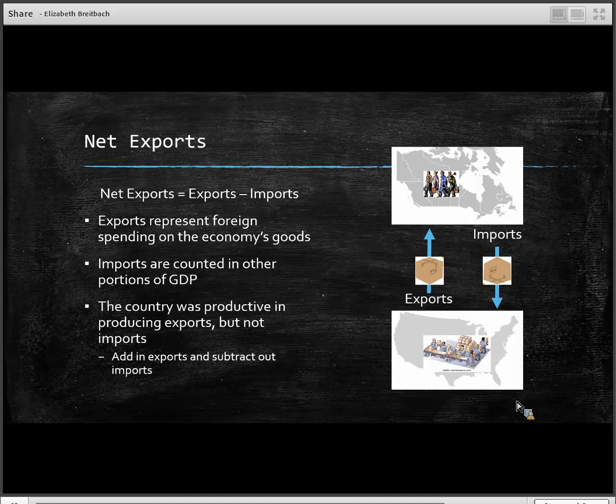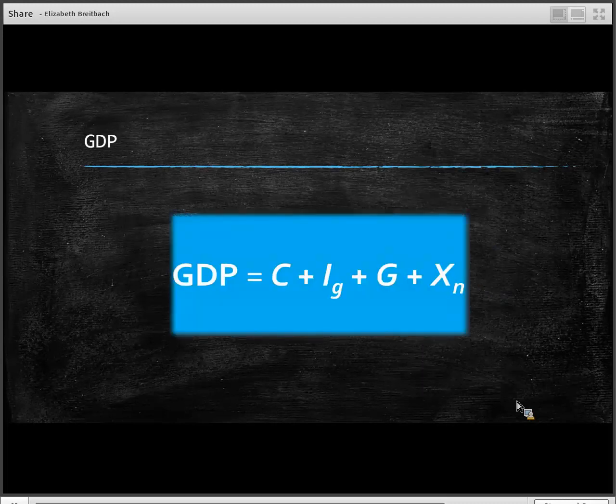However, when we're thinking about imports, goods that were produced abroad and consumed here at home, the United States was not productive. And so we want to subtract out any imports that are included. All right, so when we're thinking about GDP, we're adding consumption, investment, government spending, and exports, finally subtracting out imports, and that is our measure of GDP.